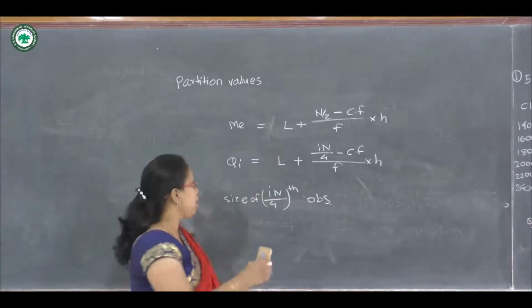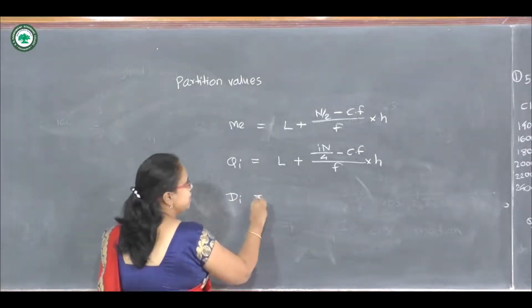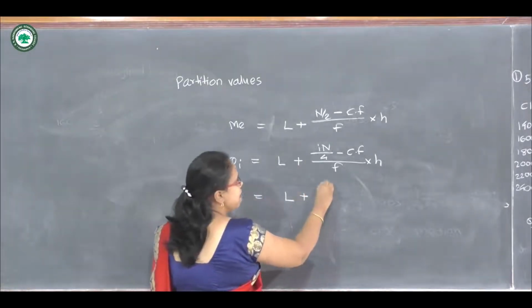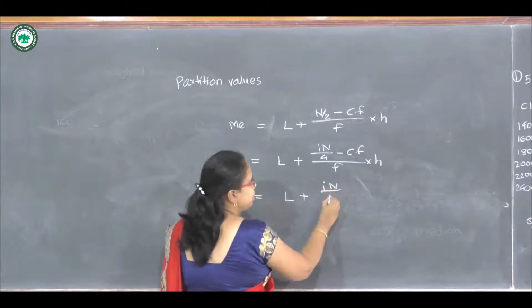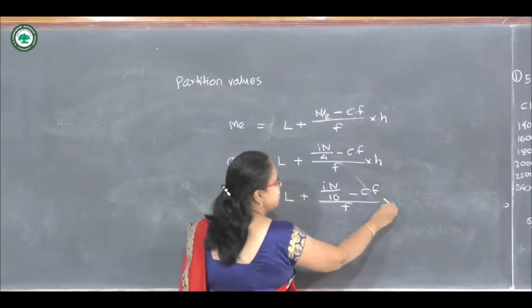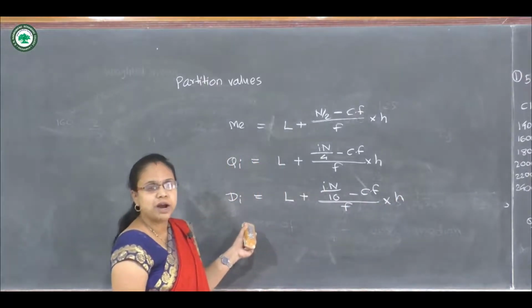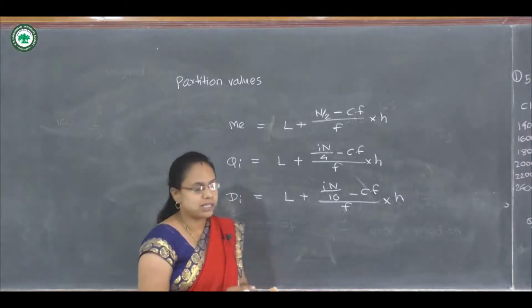Similarly, we can obtain deciles by using this formula. So Di will be L plus (i into n upon 10 minus Cf) upon F into H. For finding the decile, first we have to find the decile class.